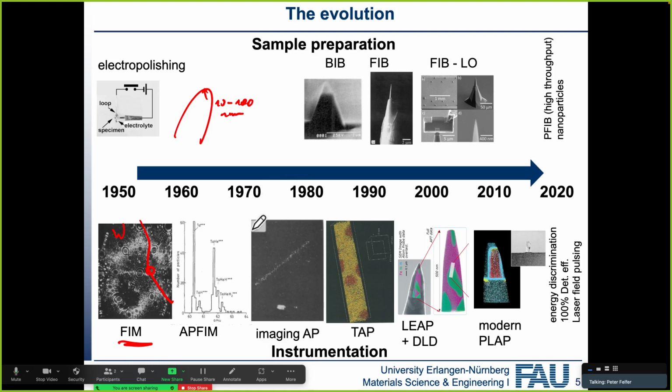Yes, so the fewer atoms you detect, the longer your experiment takes, and this is a trade-off. But we'll get into how fast we can pulse and how fast we can measure with the instrumentation.